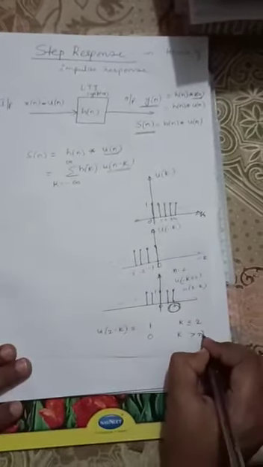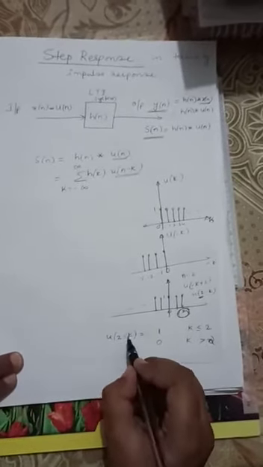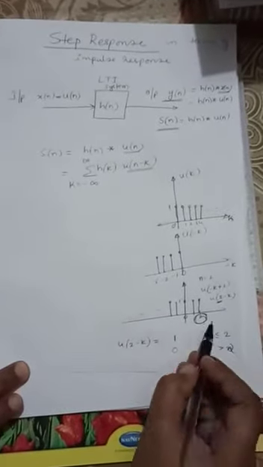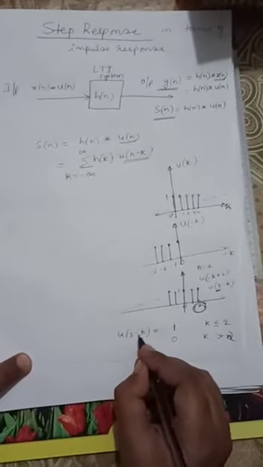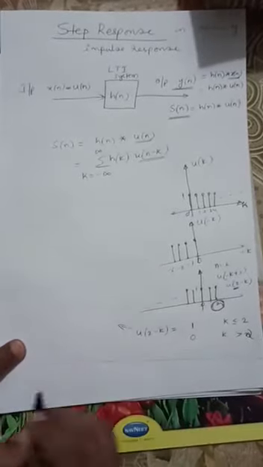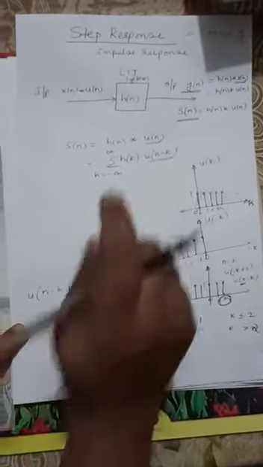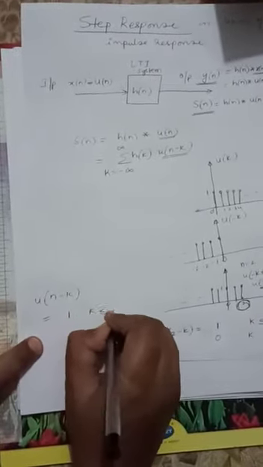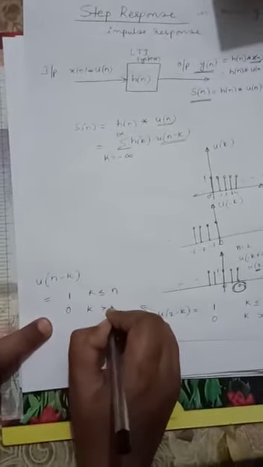Here n is 2, so I have taken 2 as the example. u of 2 minus k is equal to 1 for k less than or equal to 2, isn't it? Up to 2 the value is 1. And u of 2 minus k is 0 for k greater than 2. So if I generalize this in terms of n, u of n minus k is equal to 1 for k less than or equal to n, and it is 0 for k greater than n.